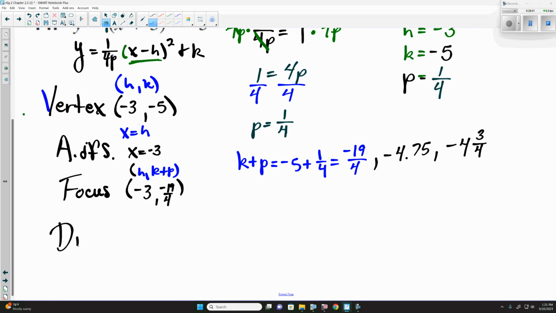And lastly, our directrix. The general form is y is equal to k minus p.